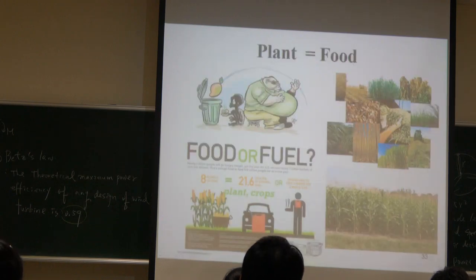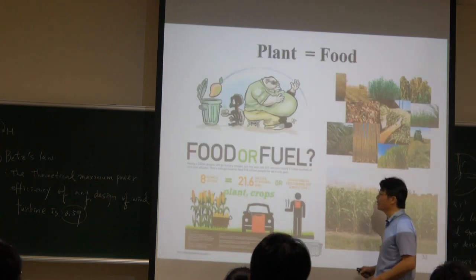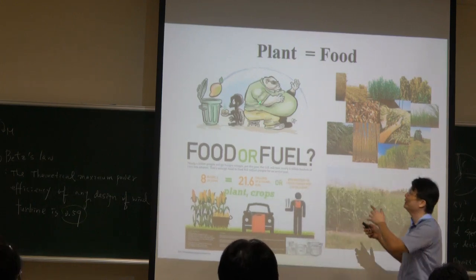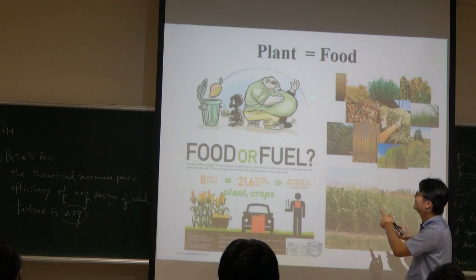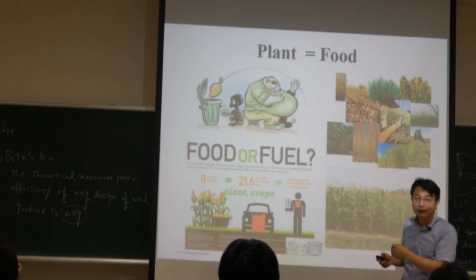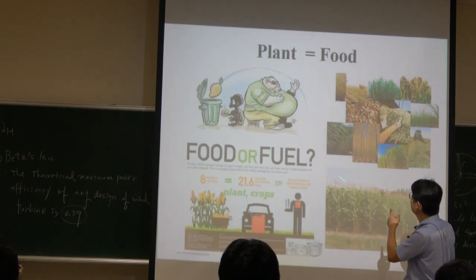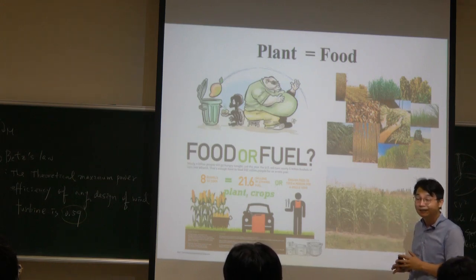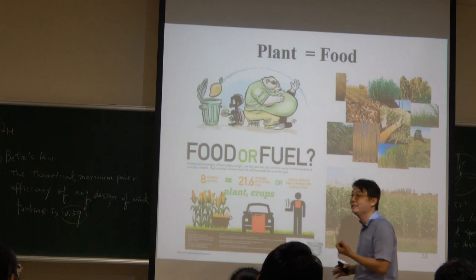So here is a very real trade-off. Food is important, and plant gas is also important, right? But we still have a lot of people on the earth, and they need the food, right?